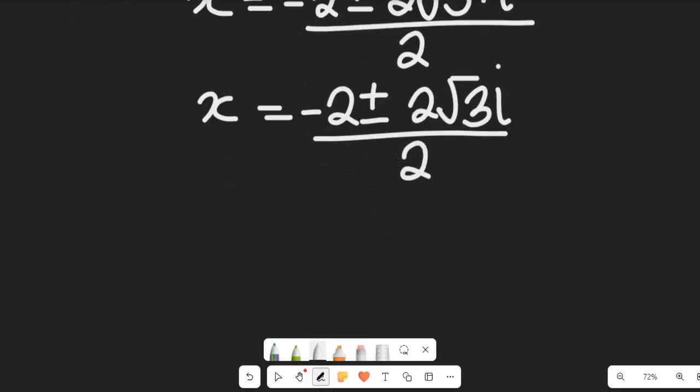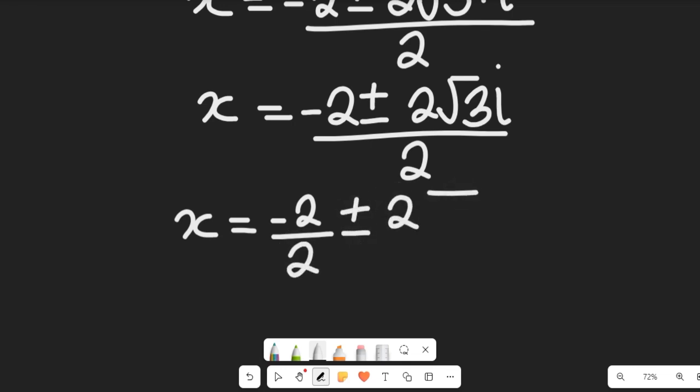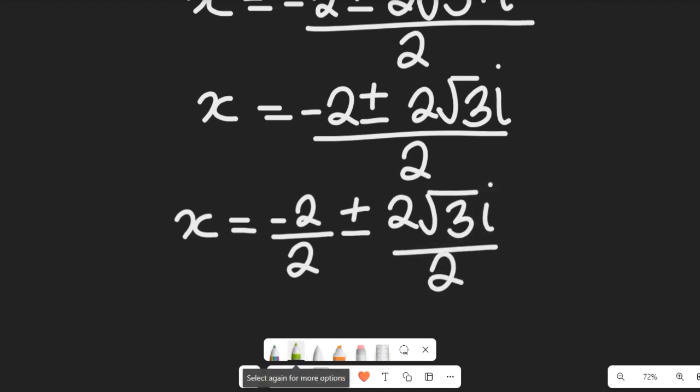So 2 is common. We are going to divide all through by 2. x is equal to negative 2 divided by 2 plus or minus 2 root 3 i divided by 2. From this expression, 2 can cancel 2 to give us 1.